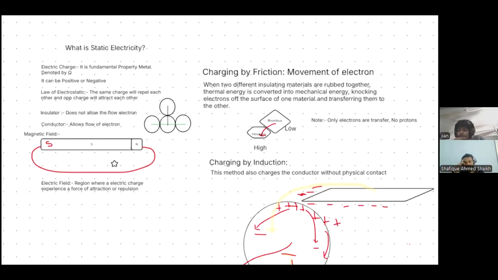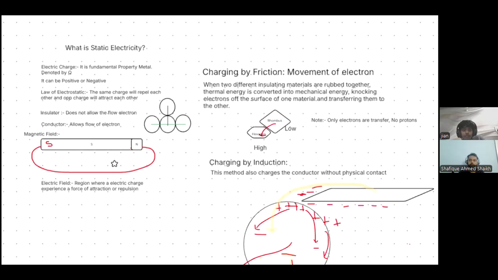What is neutral? Neutral is when there's positive and negative in equal measure. So there's the same amount of protons and the same amount of electrons, and the charge cancels out. Okay. Tell me why only the outer electrons are moved?